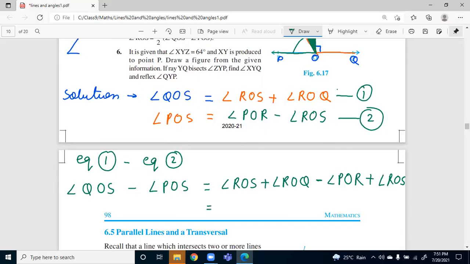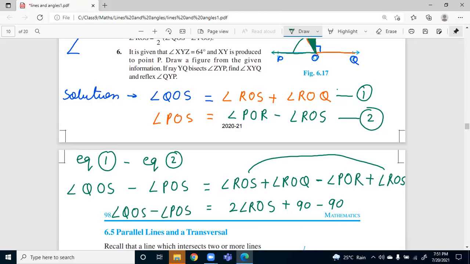And if I solve the right hand side, there are two angle ROS. So I will write 2 ROS. And I have already written ROQ is 90 degree and POR is already 90 degree. So 90 minus 90, it is 0.